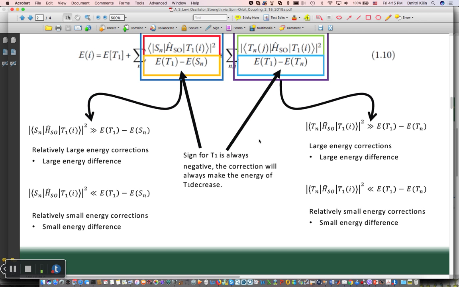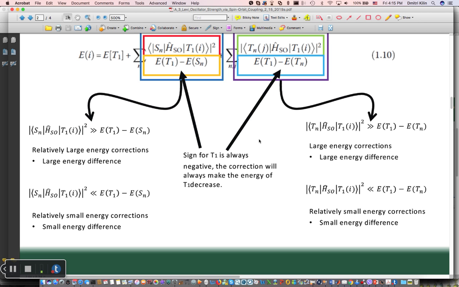Now the question is, how can we combine all this information together to correct the energy according to perturbation theory? This is the formula which makes it possible, because if you know your S and T energies and this H_SO in between, you can just calculate these terms, add them together, and you will be done.